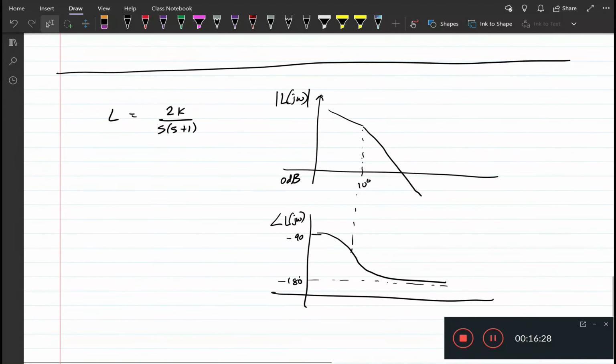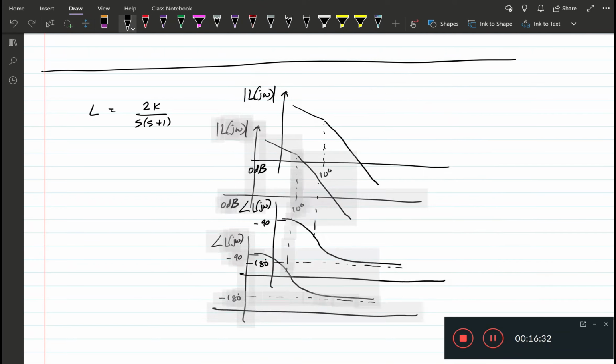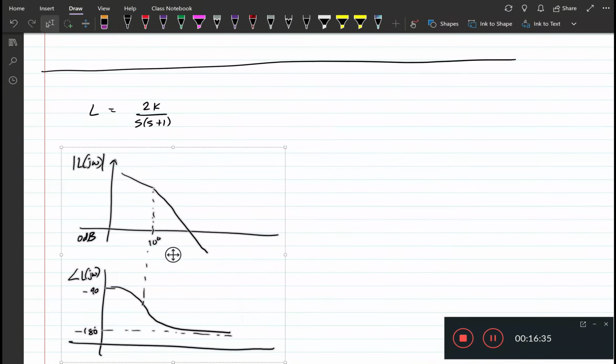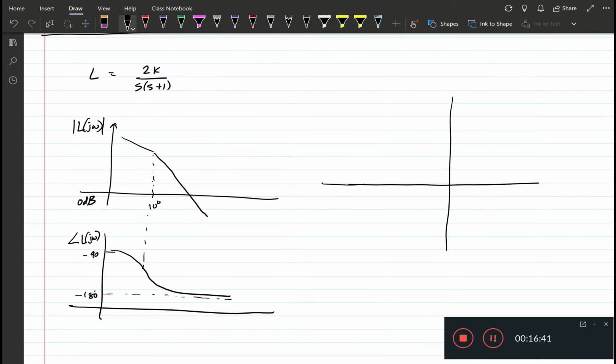And now we can also sketch, using these Bode plots, the Nyquist diagram. So let me first bring these things here, and let's sketch the Nyquist plot here. What we know is that we start at -90, somewhere here. Let me use a different color.